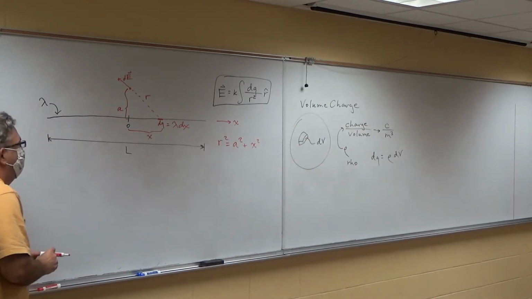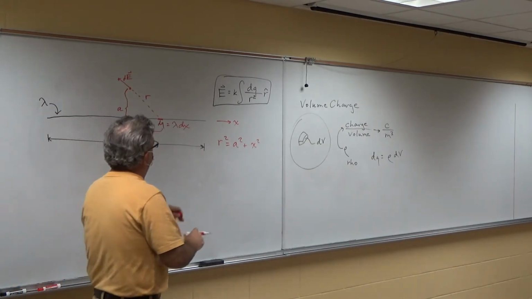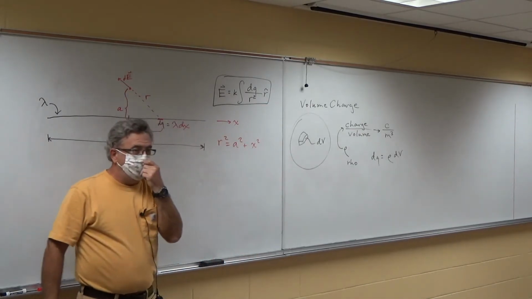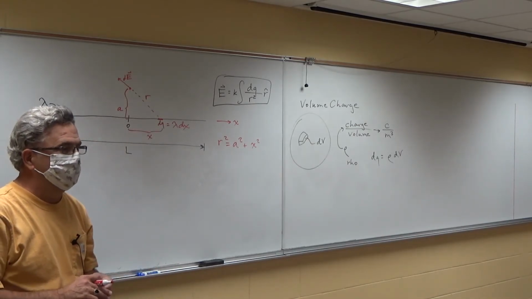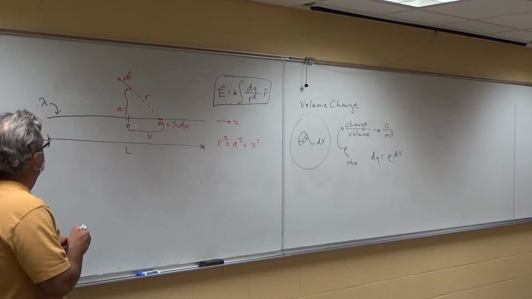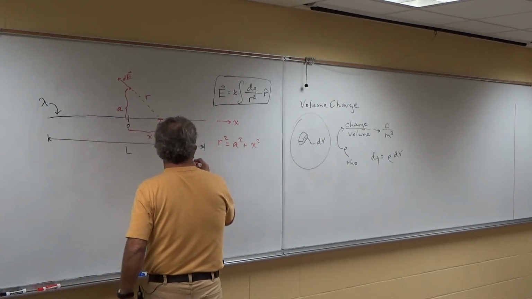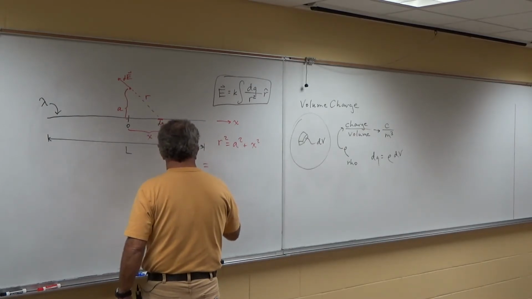So we've got dq, we've got r squared. We need to take care of r hat. R hat says you can't just add all this up; you have to take into account the vectors. We're in Cartesian coordinates, so we're going to need Ex and Ey.